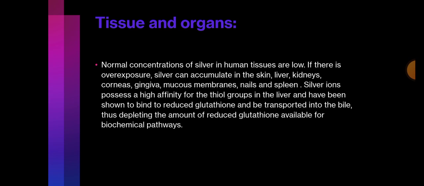If there is overexposure, silver can accumulate in the skin, liver, kidneys, corneas, gingiva, mucous membranes, nails, and spleen. Silver ions possess a high affinity for the thiol groups in the liver and have been shown to bind to reduced glutathione and be transported into the bile, thus depleting the amount of reduced glutathione available for biochemical pathways.